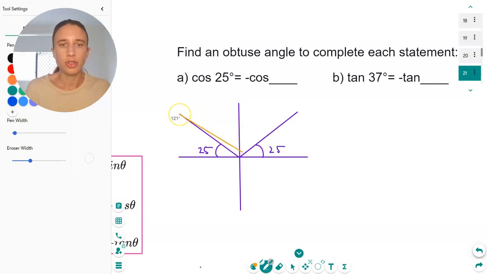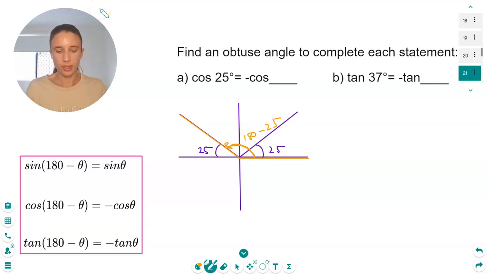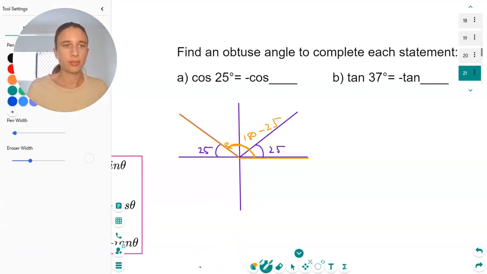This is the obtuse. So how would we find that obtuse angle? We are just going to take it away from 180. 180 take 25. 155.